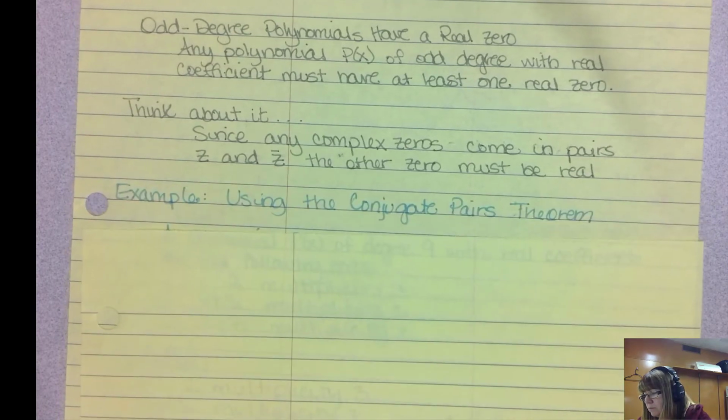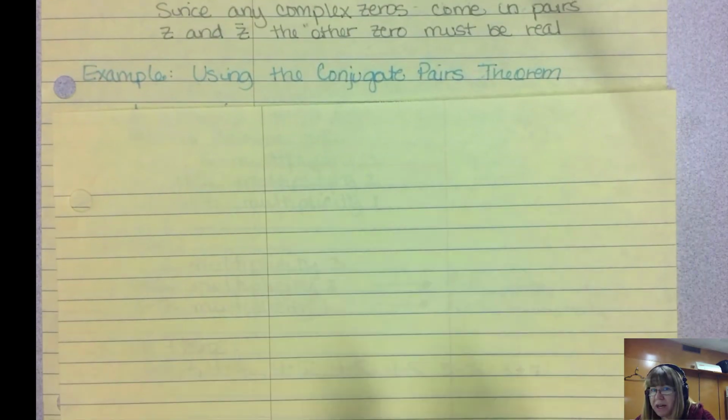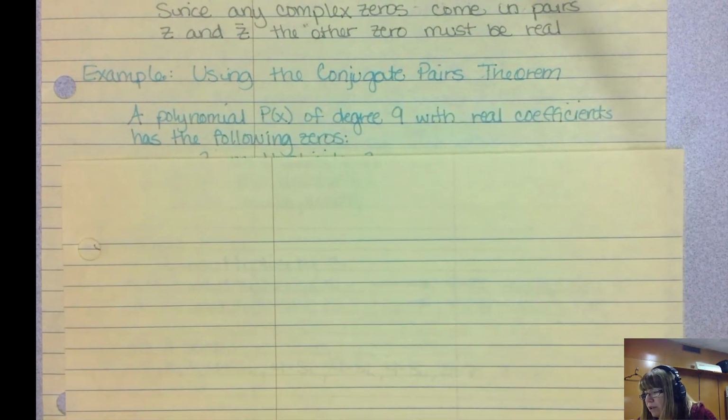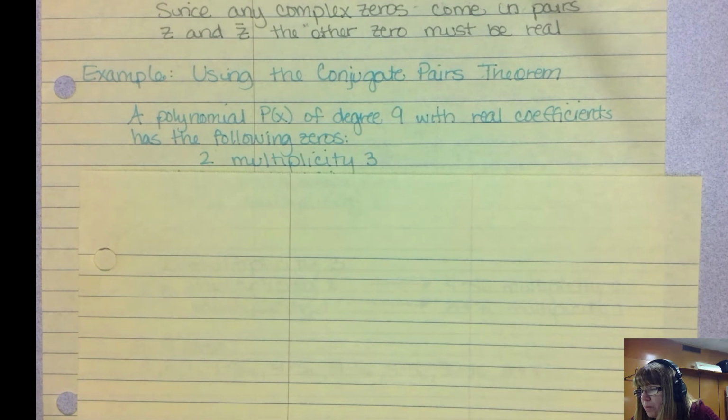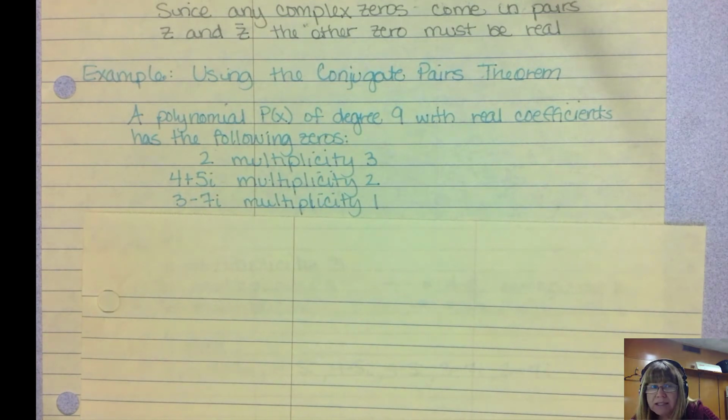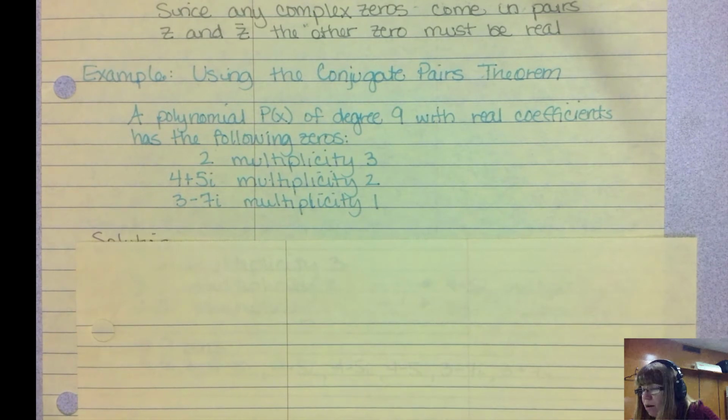So let's use this conjugate pair theorem in action. We have a polynomial, we'll just call it P of x, and it's of degree 9 with real coefficients and has the following zeros: 2 with a multiplicity of 3, 4 plus 5i with a multiplicity of 2, 3 minus 7i with a multiplicity of 1, and we want all 9 answers here.